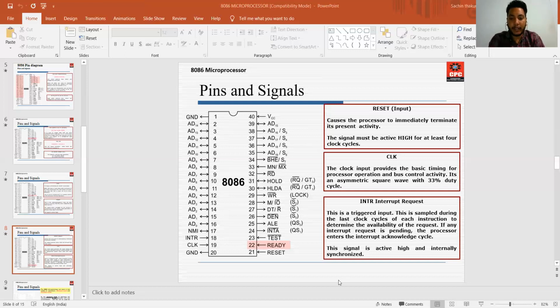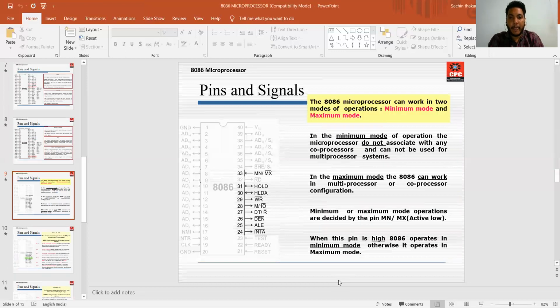Now the next pin is pin number 33, and pin number 33 is your minimum and maximum mode. As I discussed earlier, in the minimum mode of operation, the microprocessor does not associate with any coprocessor and cannot be used for a multiprocessor system. But in maximum mode, the 8086 can work in a multiple processor or coprocessor configuration.